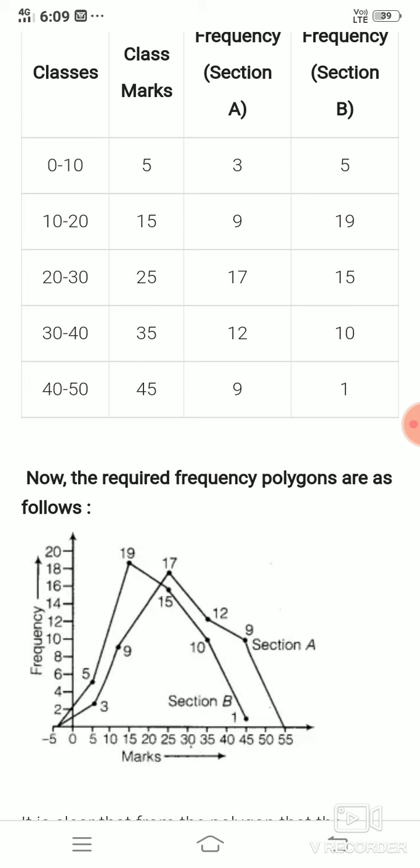For section A, frequencies 3, 9, 17, 12, 9, in your y axis you can use 2, 4, 6 and so on, and the x axis from 0 to 55, maximum 55.